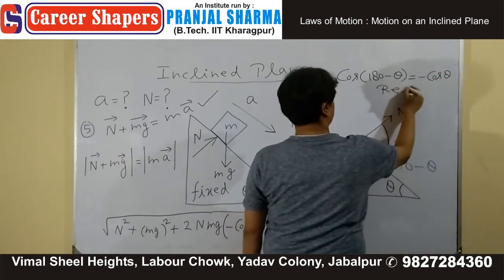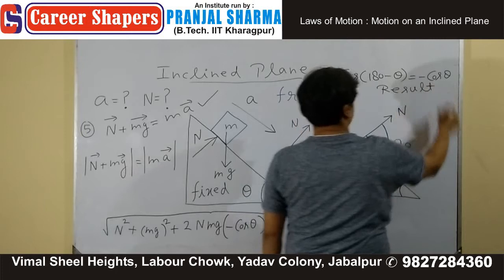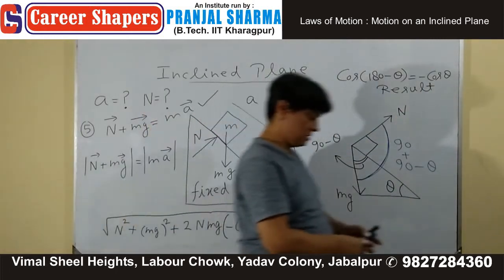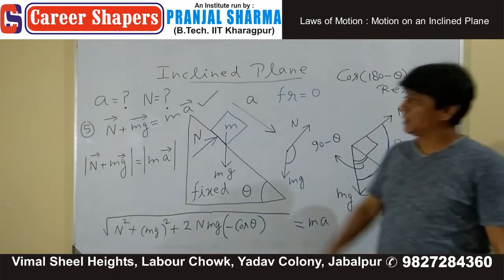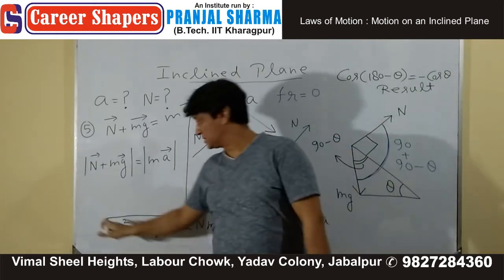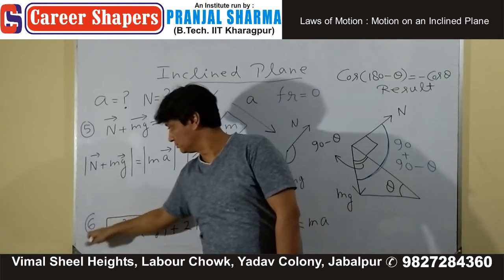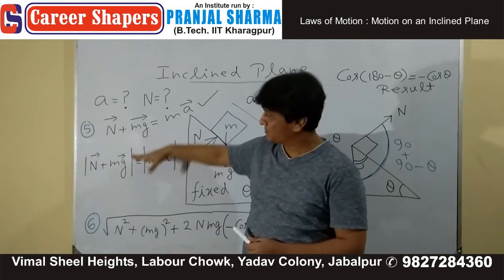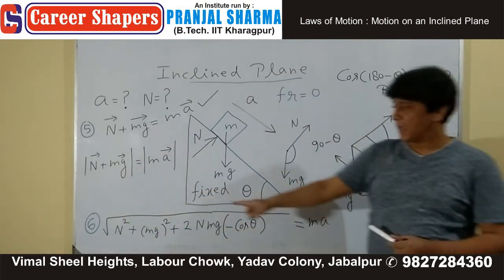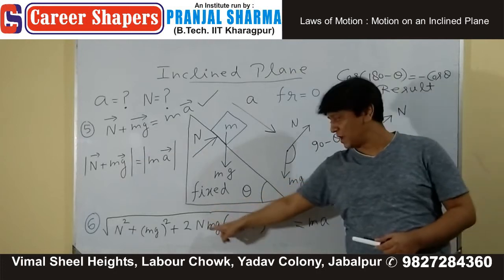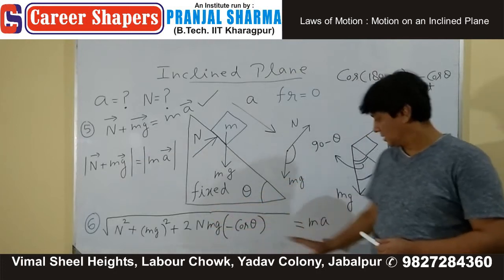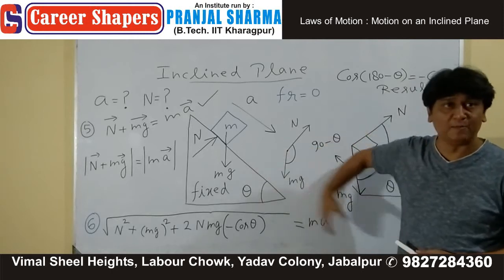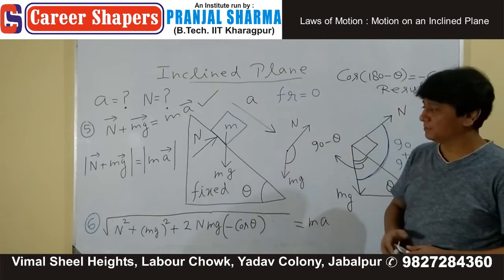It's a result for you. Just remember this thing. So this could have been a sixth option for you. The fifth option in vector form, its magnitude version m square plus mg square minus 2n mg cos theta is equal to ma. इस तरह से आप ऑब्जेक्टिव प्रोफाइल मेंटेन कर सकते हैं इस क्वेश्चन के अंदर.